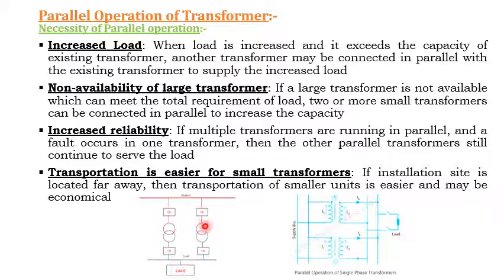This diagram represents the parallel operation of transformers. Here two transformers are connected in parallel. This is one transformer, and this is one more transformer. For both transformers, the primary is connected to the source bus bar, and both transformer secondaries are connected to the load.